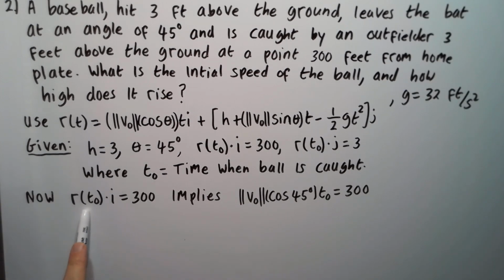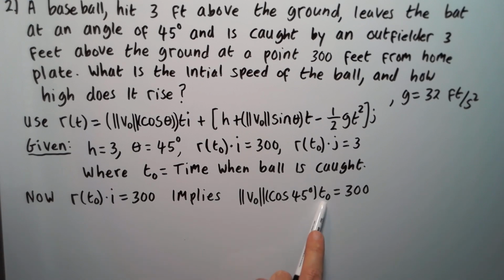Okay, so now r of t0 dotted with i equals 300, so pretty much the i component has to be 300. So plugging in, the angle is 45 degrees, the initial speed is unknown, but we have this equation here, this is cosine 45. We can solve for t0 relative to this guy.